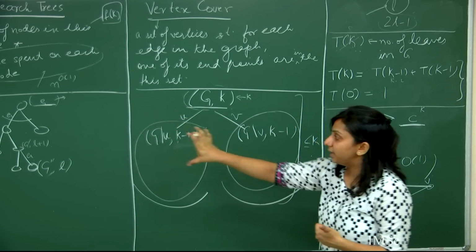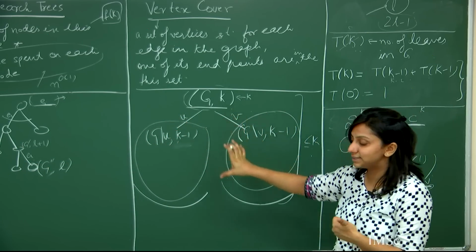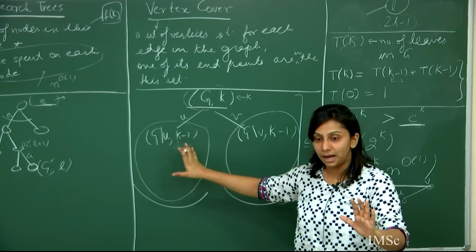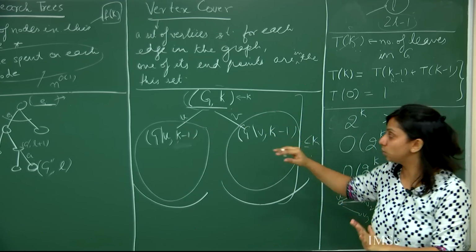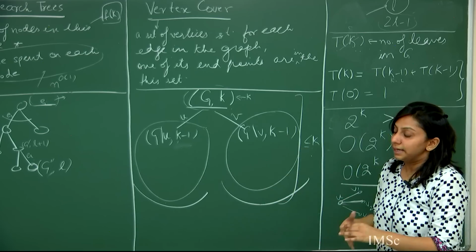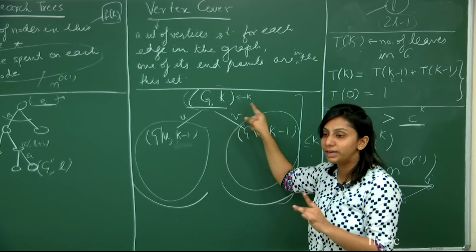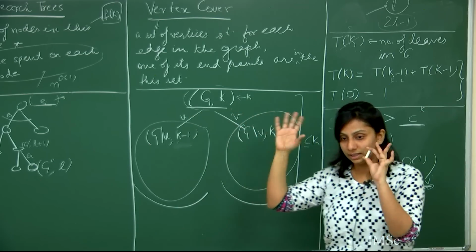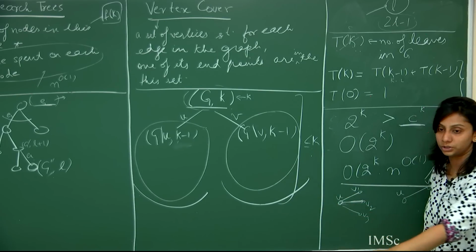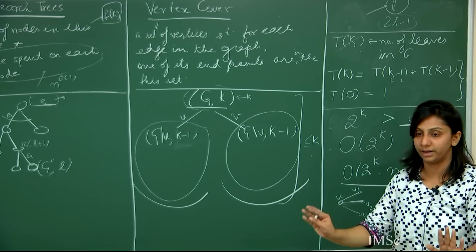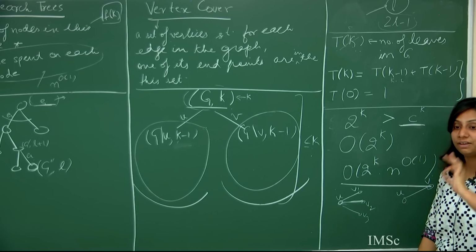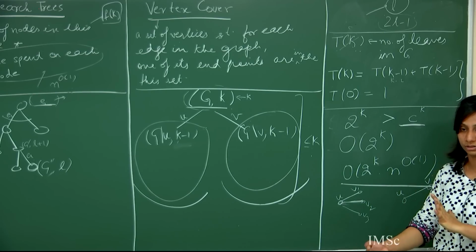But if you notice, branching is like saying that either this case will definitely happen or that case will definitely happen. So depending upon how many ways you branch, one of these ways would definitely happen. That's the idea. So here, one case is U belongs to the solution. If U belongs to the solution, fine, good. But if U doesn't belong to the solution, we know that definitely V1 and V2 both should belong to the solution.